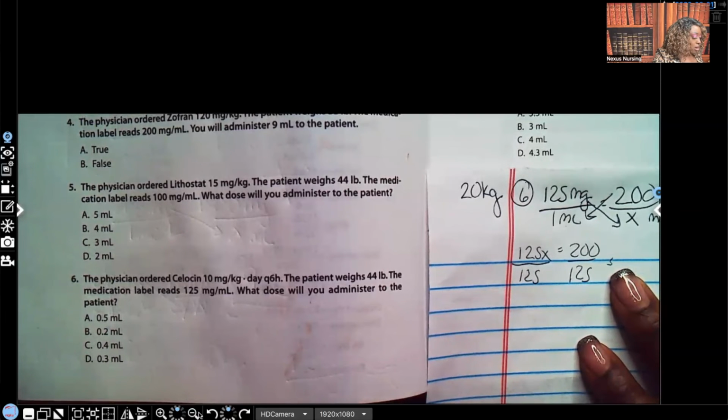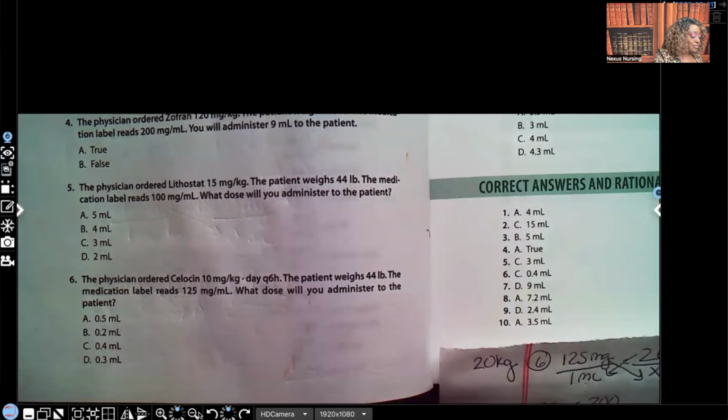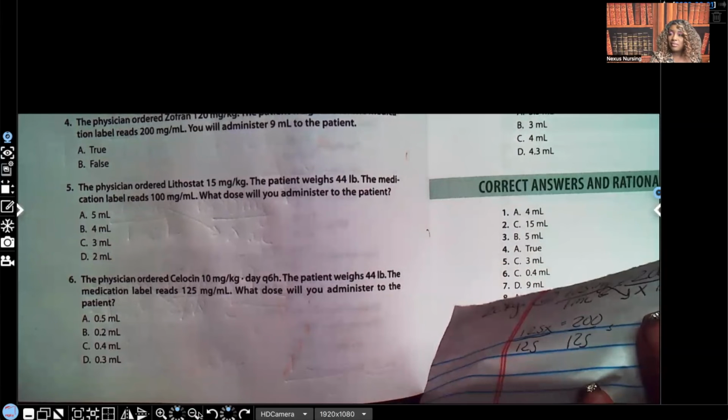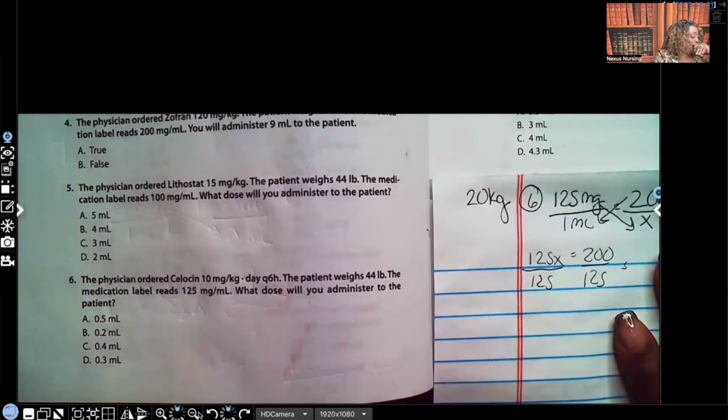What am I doing wrong? 200 divided by 125. Wait, 125 divided by 200. I don't know what I did wrong.